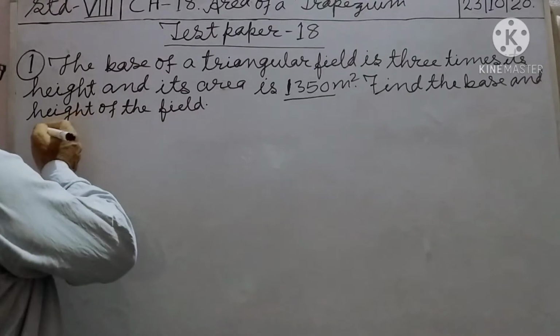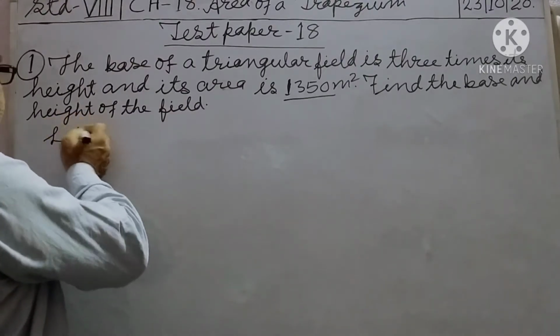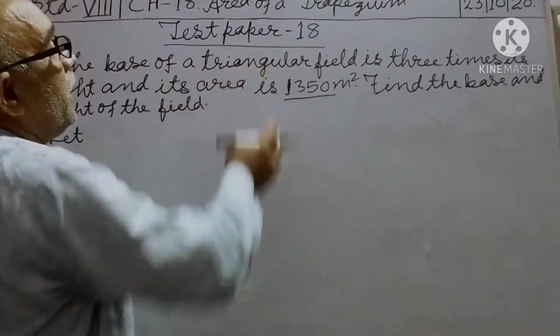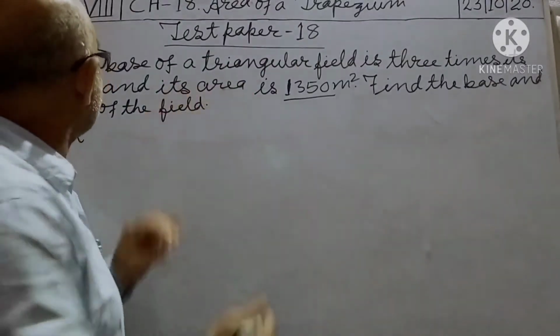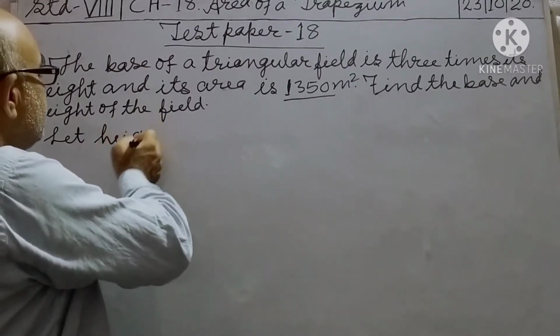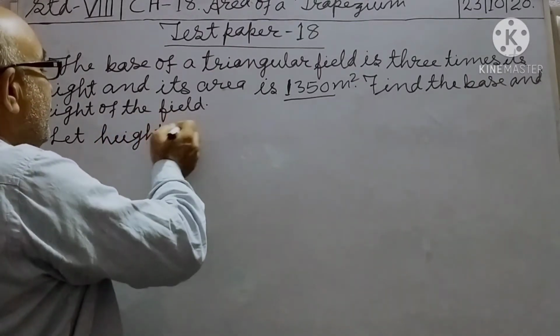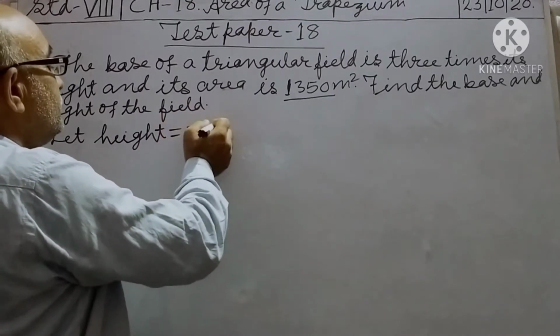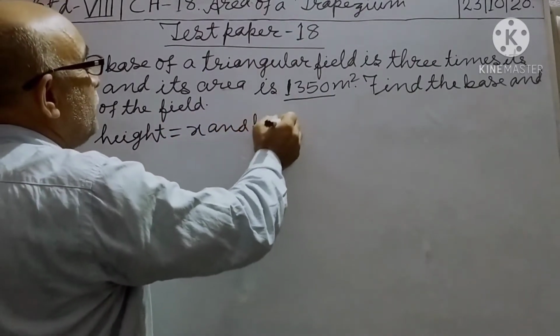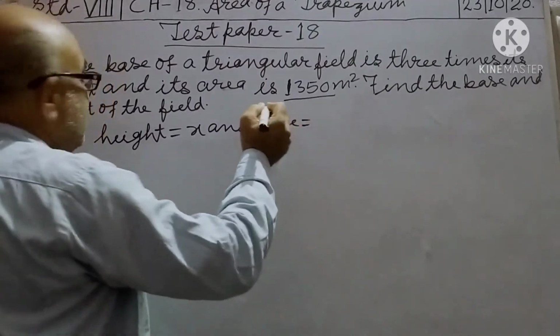So let, here given is the base of a triangular field is 3 times its height. So let height equal to x and base equal to 3x.